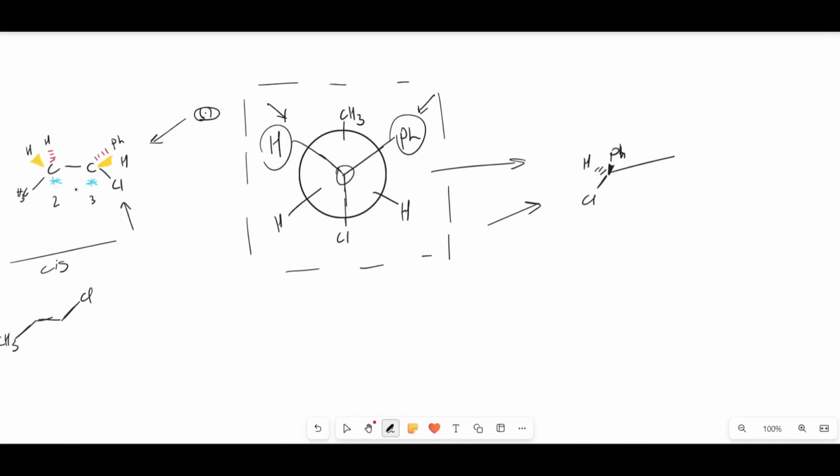Again, it's just the opposite of this molecule because we're looking at it from a different direction. So now if we look at the CH3, the methyl group, and the hydrogens, the methyl group should face down as well, or you could face it upward. It doesn't really matter considering both these groups are hydrogens anyways. So you could always rotate it and make it look something like this.